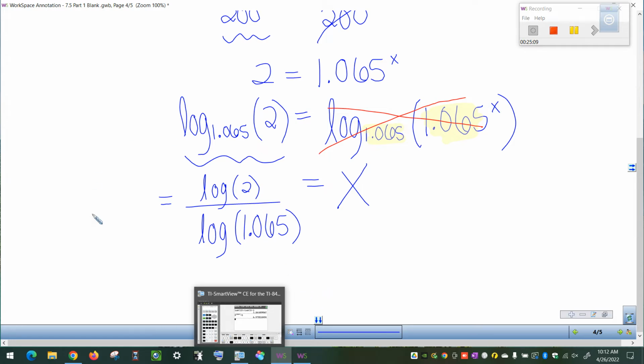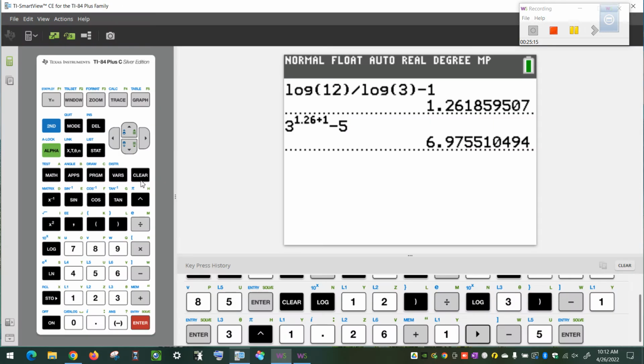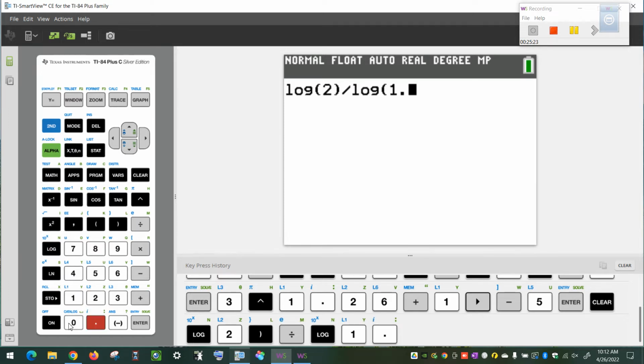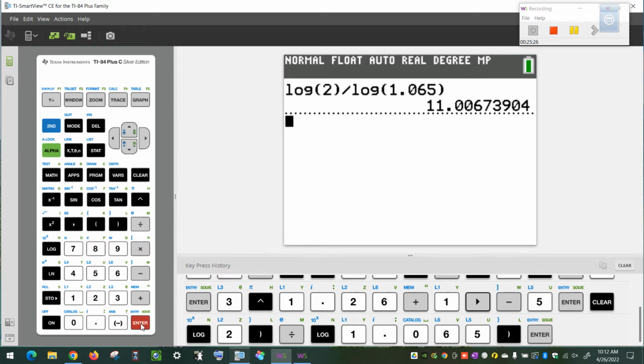All right, and when we type that into our calculator, what we're trying to figure out here is the approximate number of years. So that's going to look like this, and if we round that, we can see that this is about 11 years.